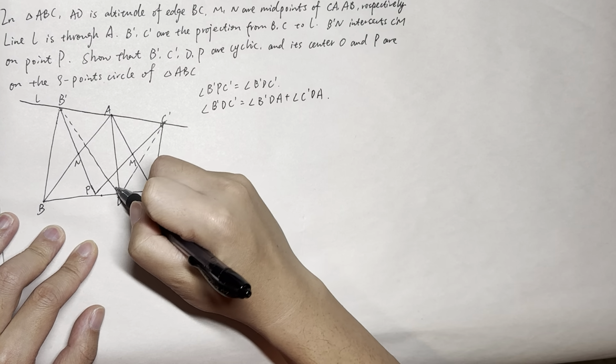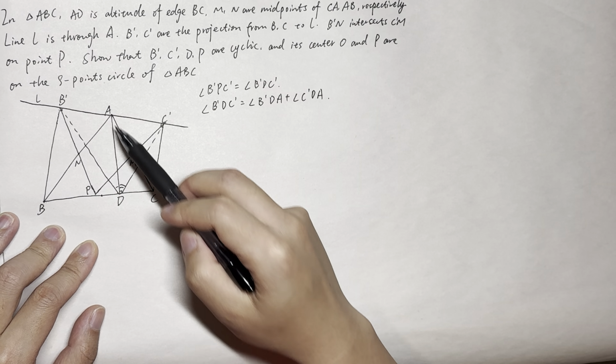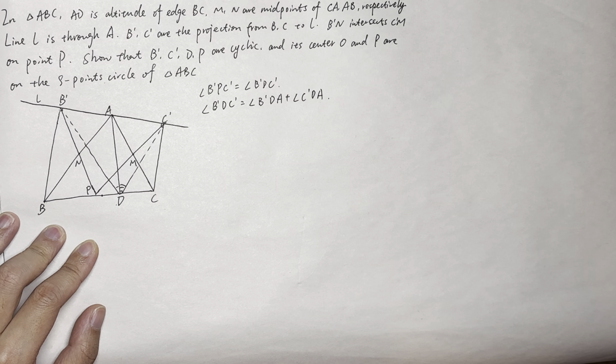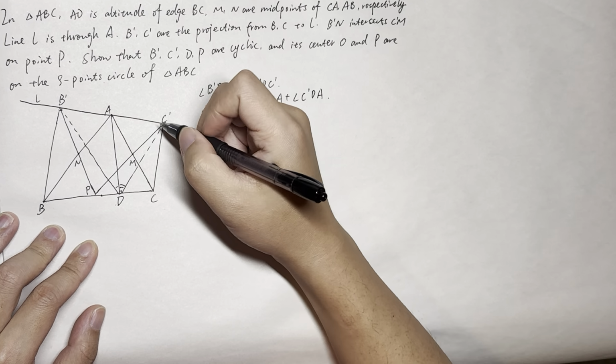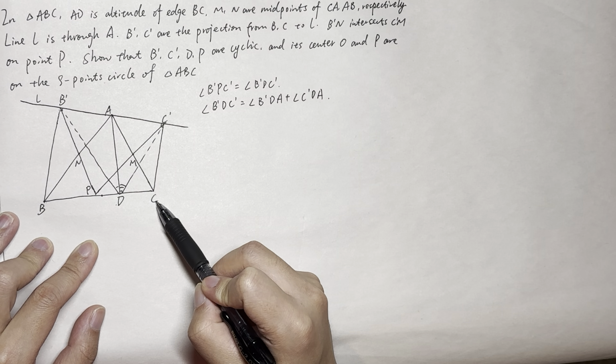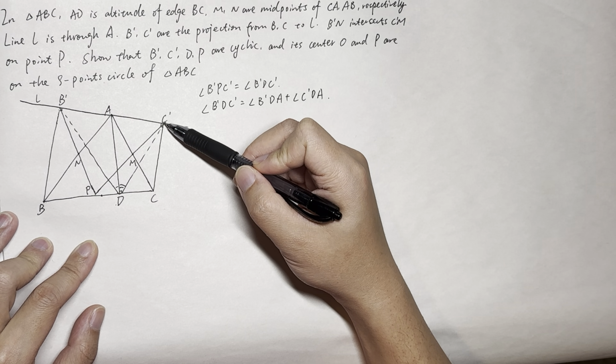It's straightforward. And we know that AD is perpendicular to BC, and AC prime is perpendicular to CC prime.